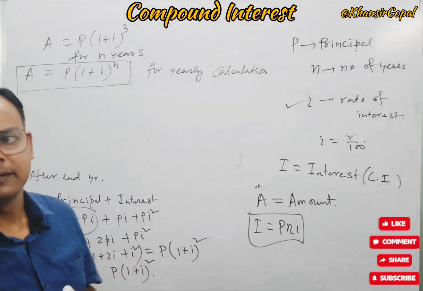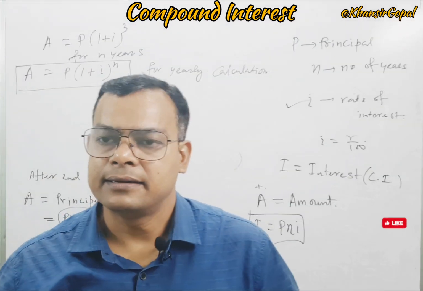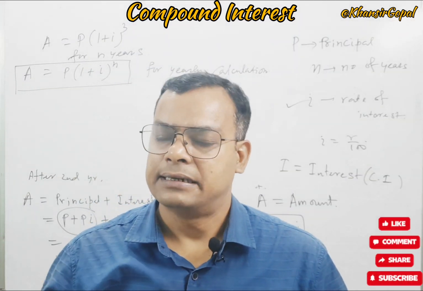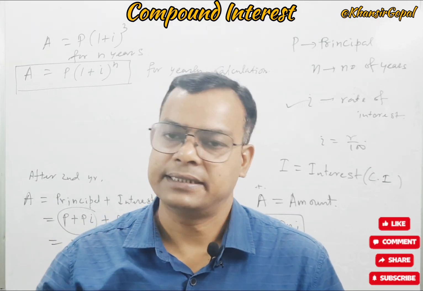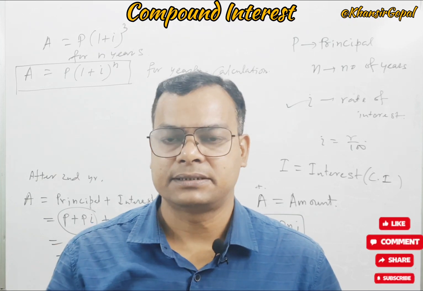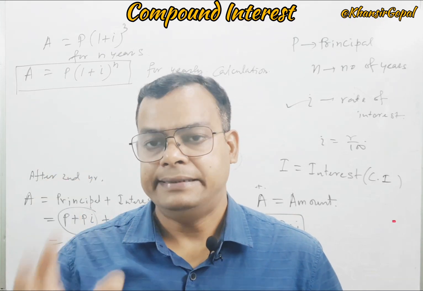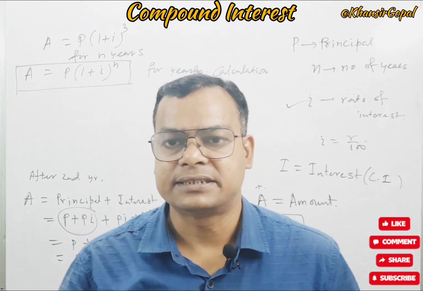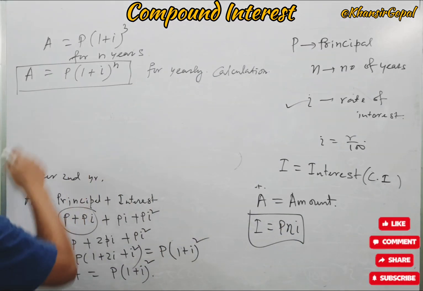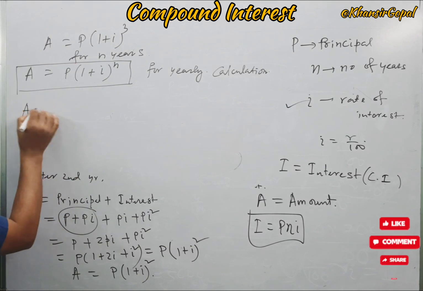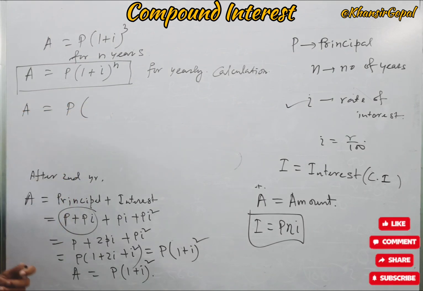Now look here, if the bank calculates interest right after 1 year, suppose March is year ending, on 31st March they calculate, and again next 31st March they will calculate your interest. That way, it is the yearly calculation. But it can happen for half yearly also.